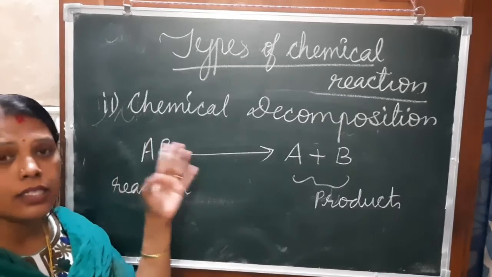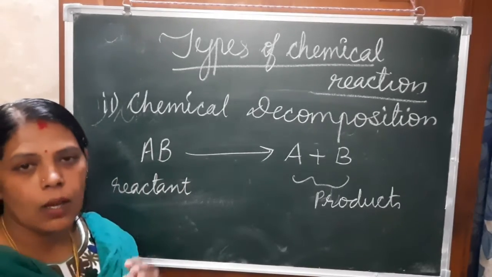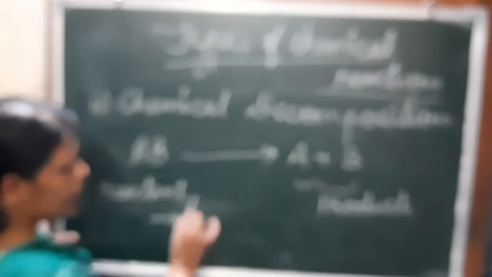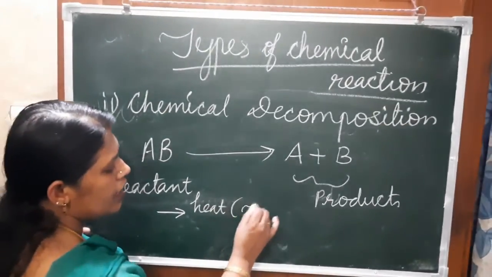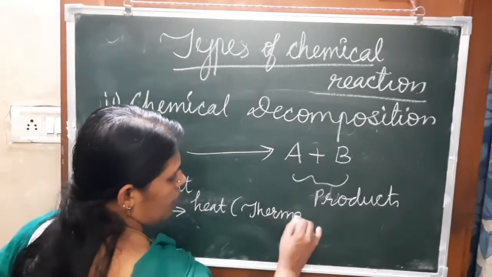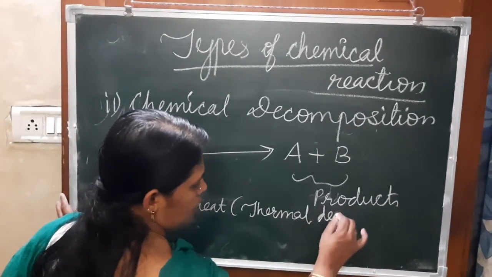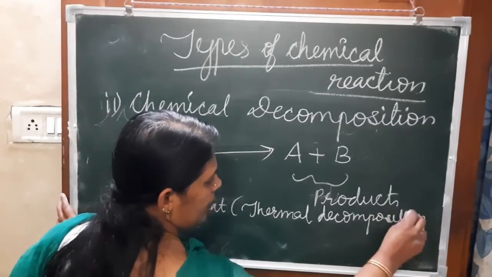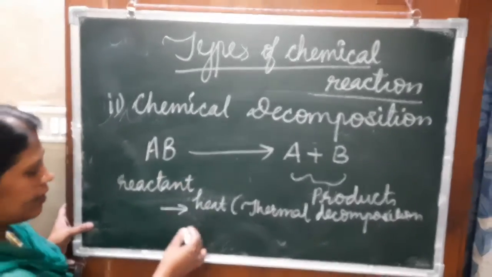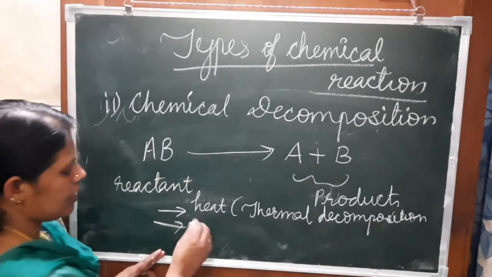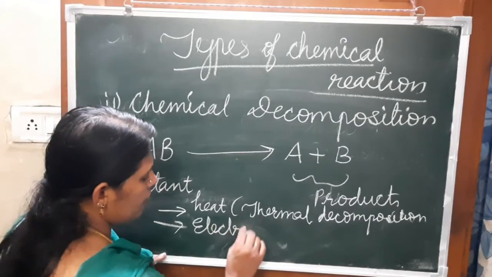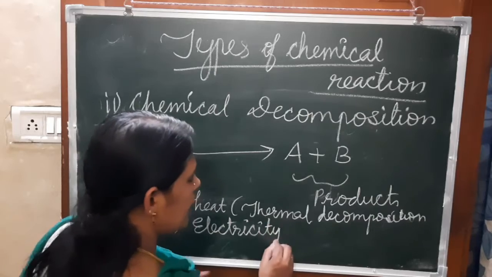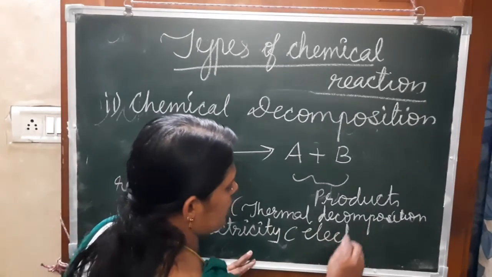And here, children, in decomposition, we can do the splitting up in three ways. One is by heat. If we use heat, then it is thermal decomposition, because the reactant splits up with the help of heat. If we are using electricity, then it is known as electrolysis.